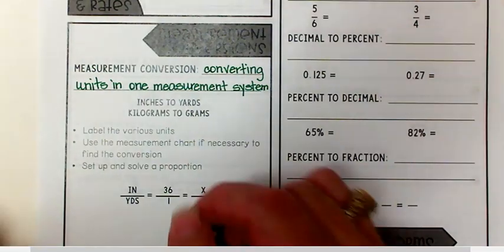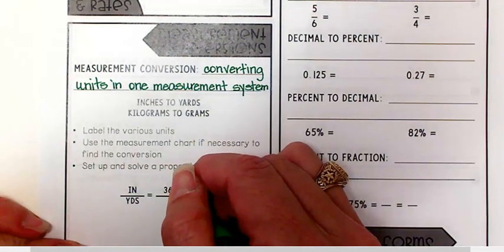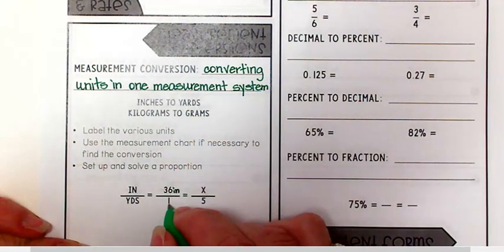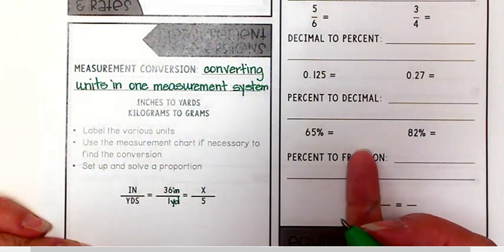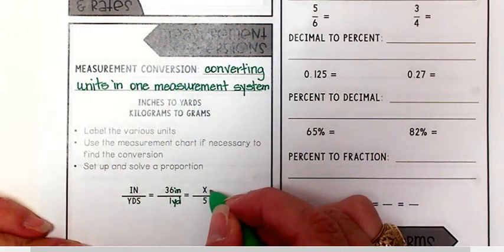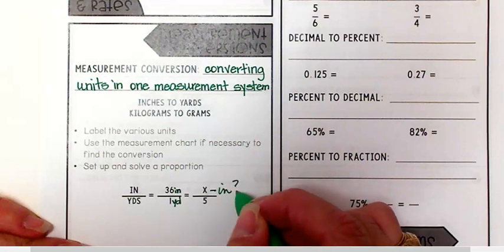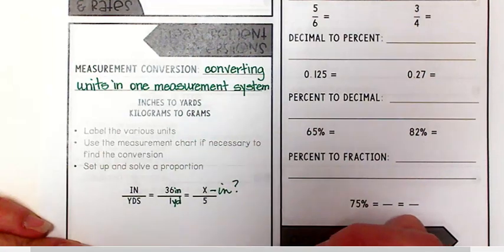So for instance, 36 inches is equivalent to 1 yard. So how many inches is in 5 yards?